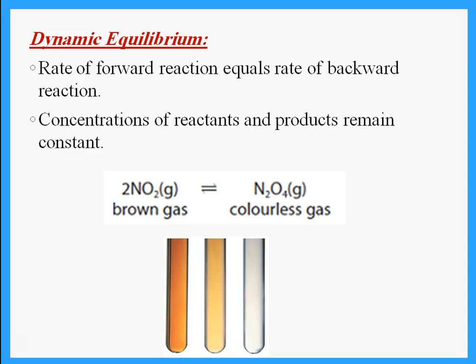Now, if we see this in the test tube, the nitrogen dioxide gas is brown, it changes to colorless, and then the colorless changes to brown, and so on, until they reach dynamic equilibrium. Now, dynamic equilibrium is that test tube in the middle where we're in between all of this, and the reaction is going forward and backward at the same rate, so you don't see any change, but actually it is reacting, and that is what we call dynamic equilibrium.